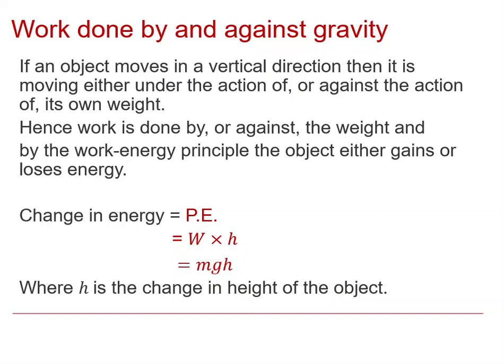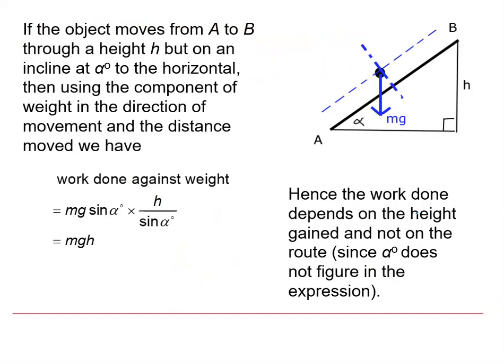But what happens if you move obliquely? Let's consider here a force system where you've got a weight acting on a particle which is moving up a slope. Now, what does work under those circumstances? Because work done depends on having the component of the force in the direction of movement, we would have to resolve the mg to get mg sine alpha in the usual way.